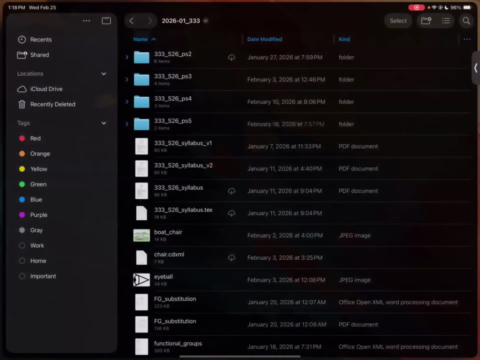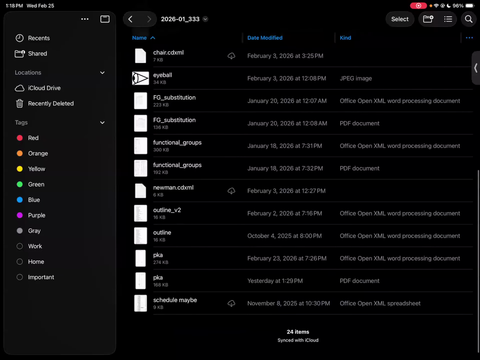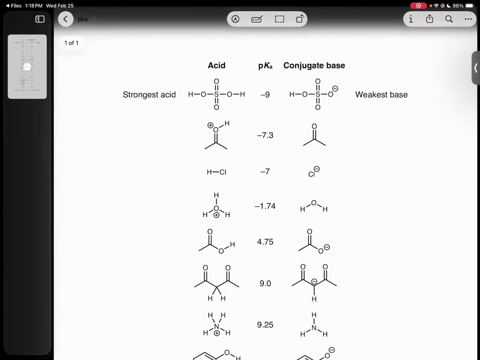Okay, go ahead, bring up Blackboard if you have it. Under the resources folder, there should be this PDF, which is pKa values. So pKa values, right? The subscript A is for acid. So pKa values are always describing an acid and not a base. Okay.